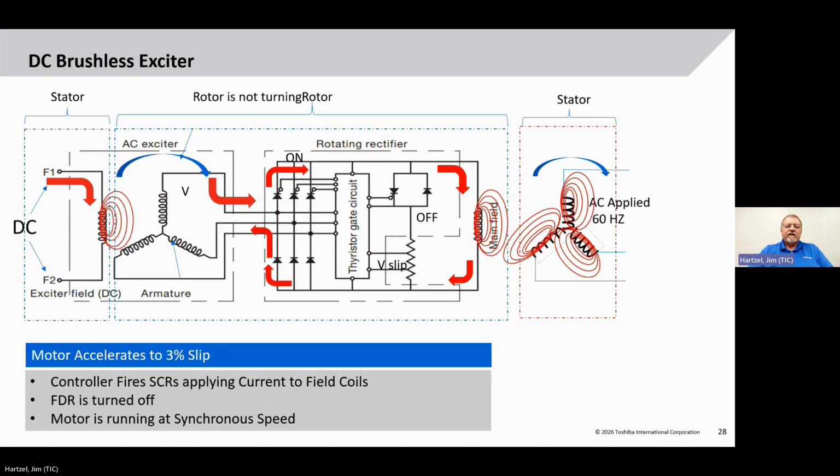It'll fire these SCRs, and it's going to apply field voltage to the field coils. And it's going to then turn off the field discharge resistor. So the same circuitry as the brush type. However, this section's all mounted on the rotor.